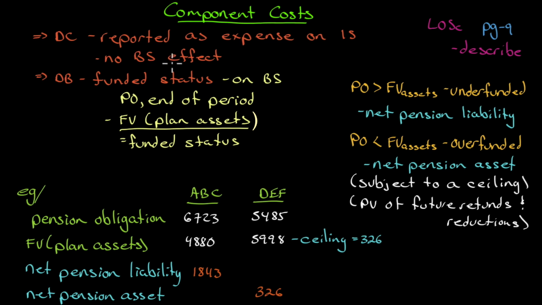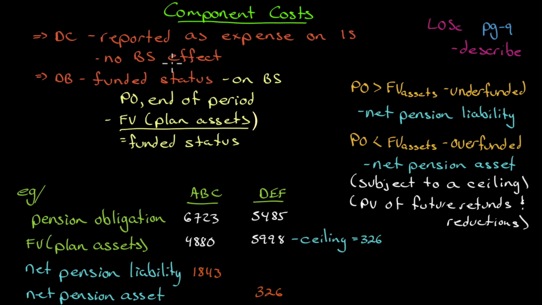Now, that's not entirely true, that there is no balance sheet effect. If we are a manufacturing company, our manufacturing employees, their total compensation is part of direct labor, which is included as a component of the final good, the inventory, so that the pension expense would be folded into the cost of the inventory.